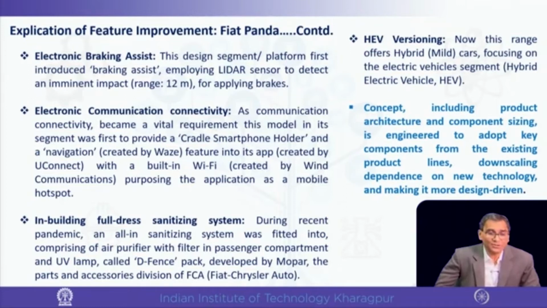In its segment, it was first to provide a cradle smartphone holder, which we see in many cars today, and a navigation feature which was created by Waze, and then a feature into an app. That app was created by Uconnect with a built-in Wi-Fi that was created by Wind Communication.